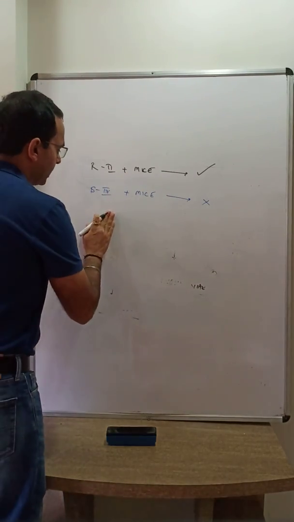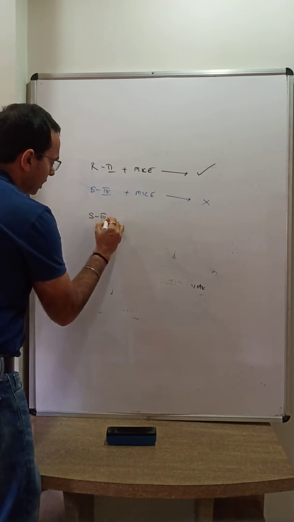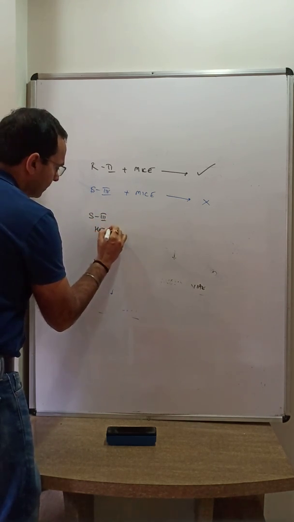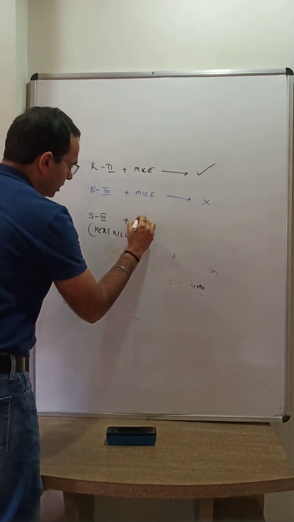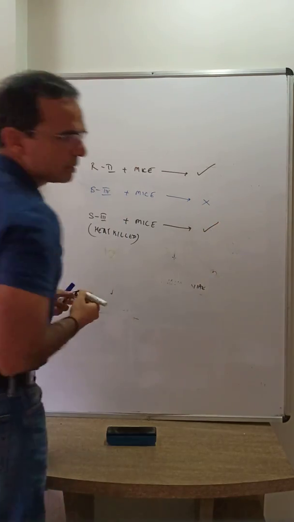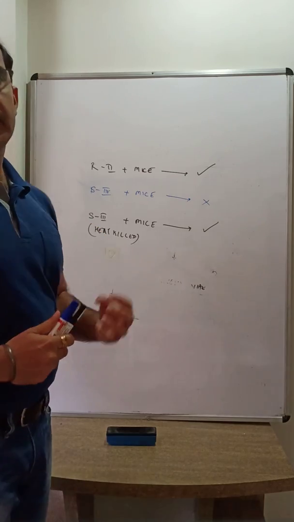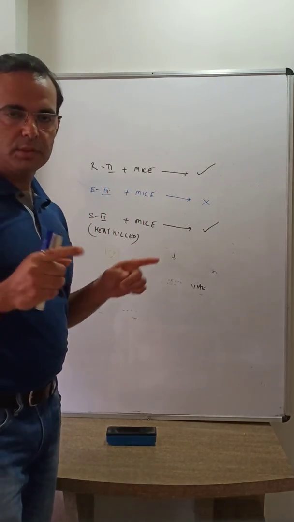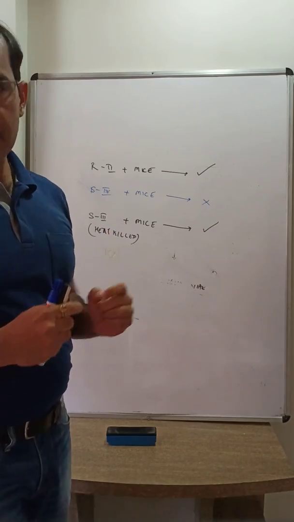So what he did in the third series of experiments, he again took S3 and heat killed it, and again he injected it into mice. In this case, the mice survived. When we say heat killed, that means the organism's structure is destroyed, but the DNA as a molecule gets denatured.